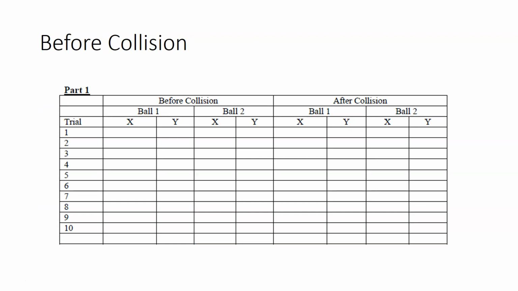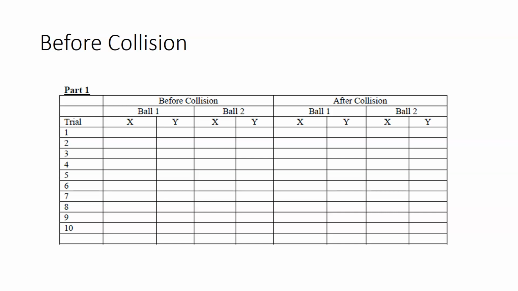One thing that students always struggle with is how to fill out this data table. Here's a snippet of the data table, and it's the before collision part that students struggle with. As he showed in the video, the first thing you're going to do is roll the marble down, in this case 10 times.